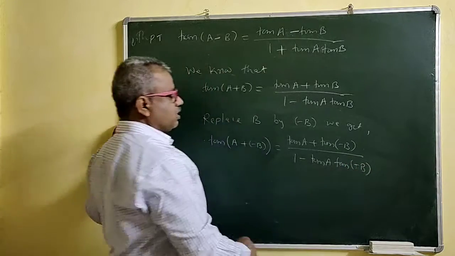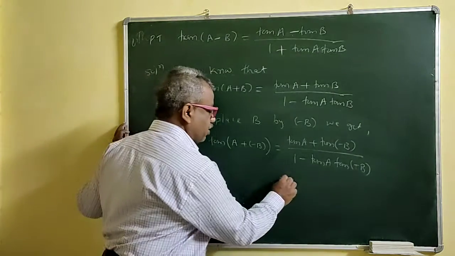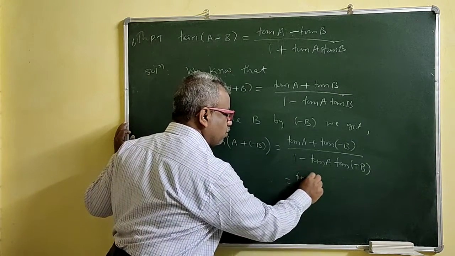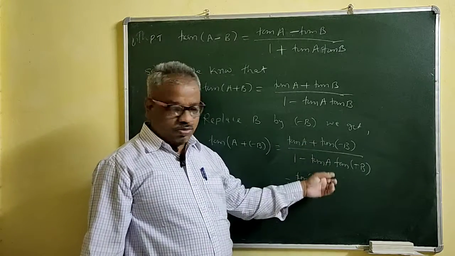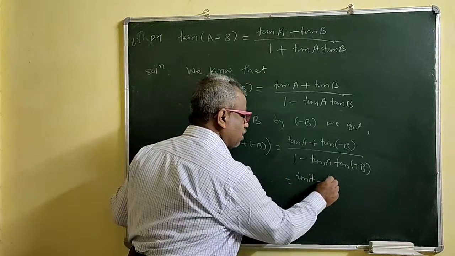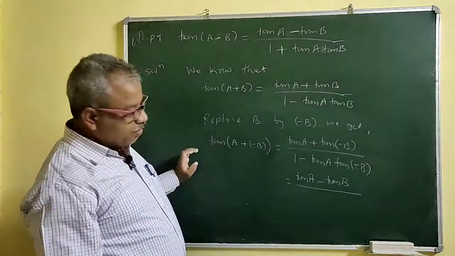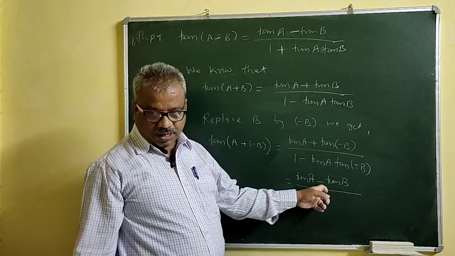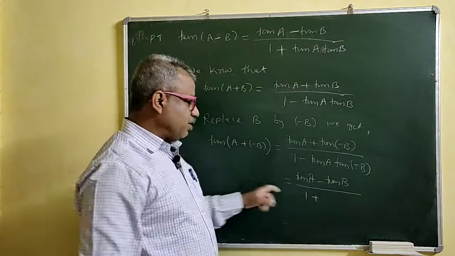Now don't write the sign directly, just see which sign we get, right? Tan A, don't write plus now. So think on it, which sign we have to write, because tan of minus B is minus tan B, so it will be minus tan B, right? Always think which sign we have to take. So 1 plus, because if you write minus, no problem.